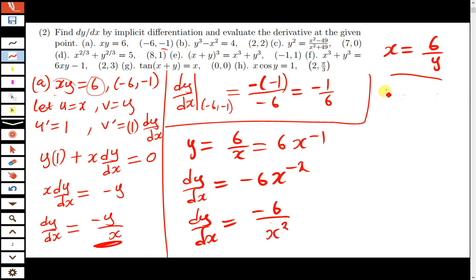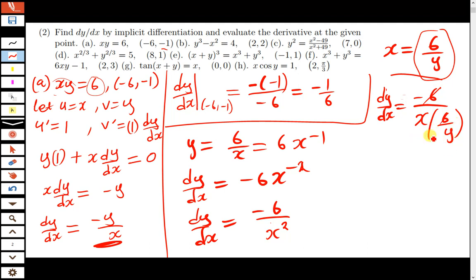Okay, so we can say dy dx is equal to, we have negative 6 on top, and then down there we have two x values. So we can say x times the other x. I'm going to replace it with that. So if I replace the other x with 6 over y, you discover that this 6 and that 6 will cancel.